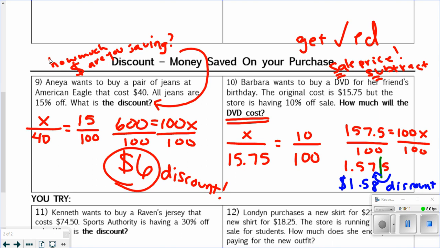But we've got to take the question into account, because how much will the DVD cost? Well, we're going to start with $15.75, and we've got to subtract the discount. So go ahead and calculate that on your own. To get $14.17.